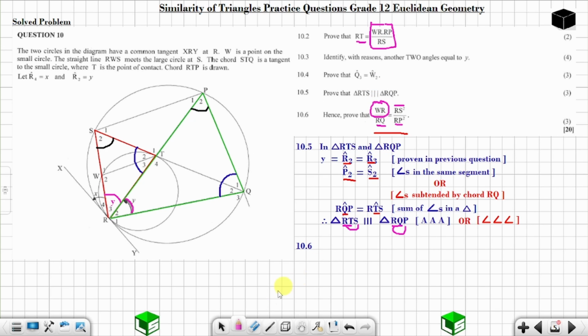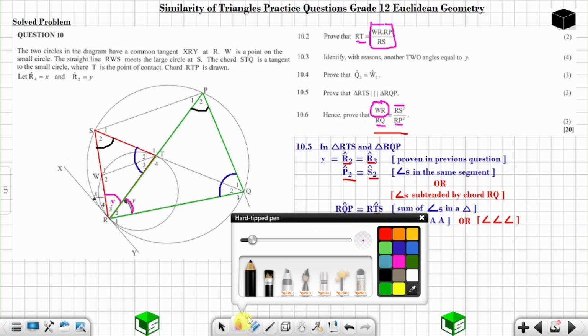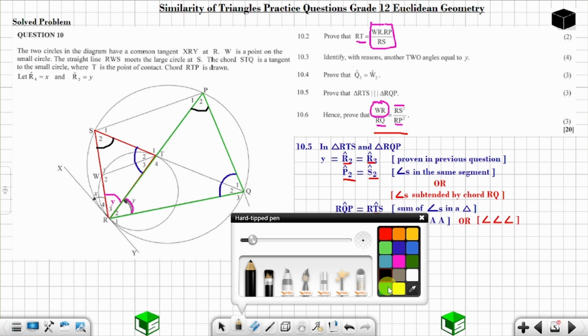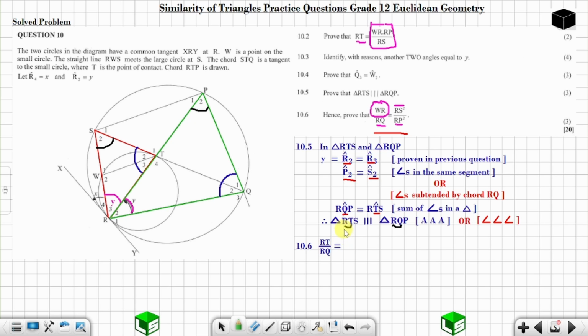Let's see. So we are going to write the proportionality equation. Using this, you have RT over RQ equal to RS over RP.